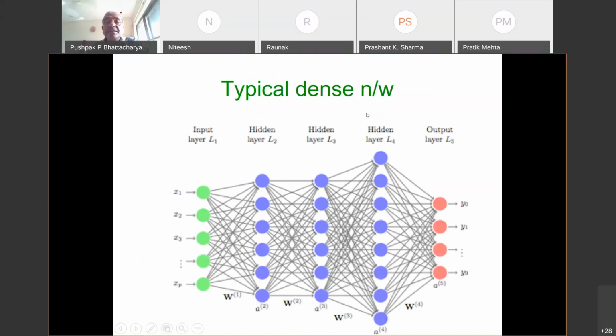So a typical dense neural network is a pure feed-forward network where the connections go from layer I to layer I plus 1 in a forward manner. There is no feedback connection. And this is the representative neural network which has been in existence since the 60s.